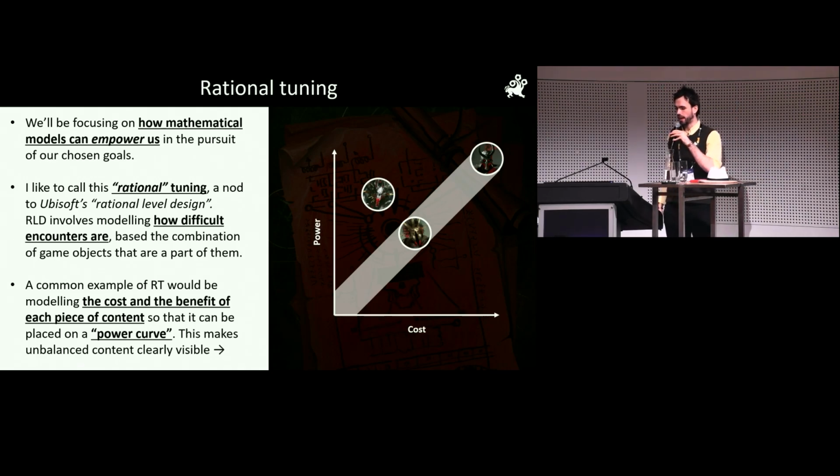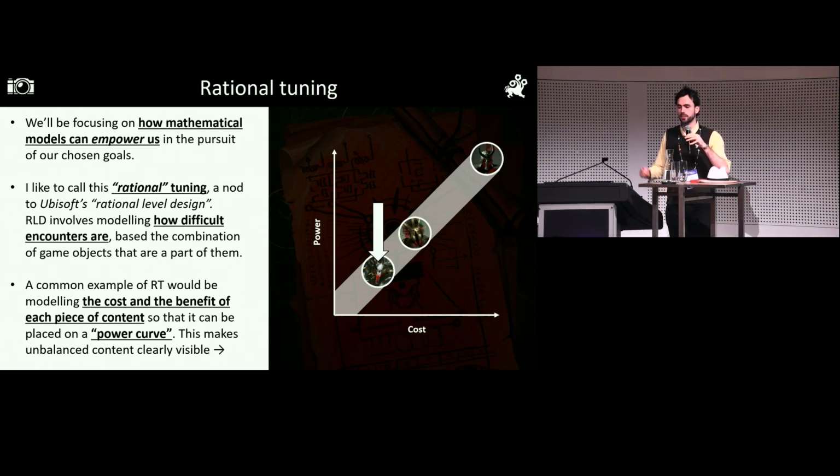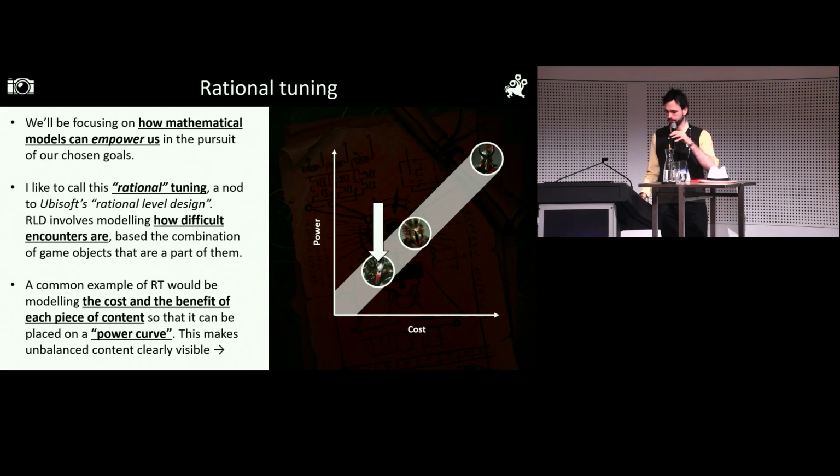In this case, we have the Hounds of Hell here that are clearly off the curve, and that would prompt us to bring their power down, or bring their cost up, so that they're not undercosted or overpowered. So this is essentially a tool that allows us to know when our content is a little bit off, by purely mathematical means.